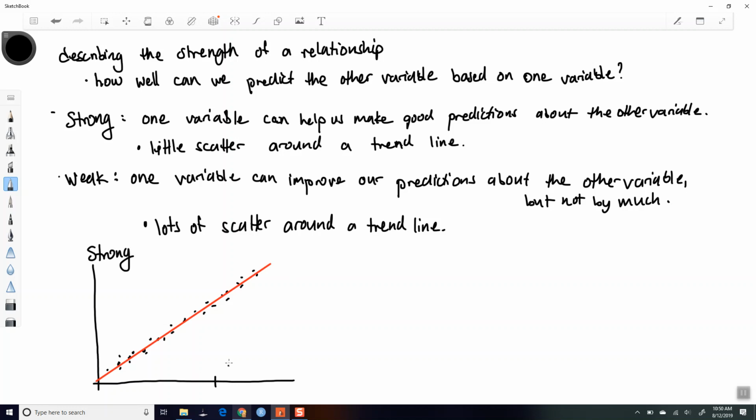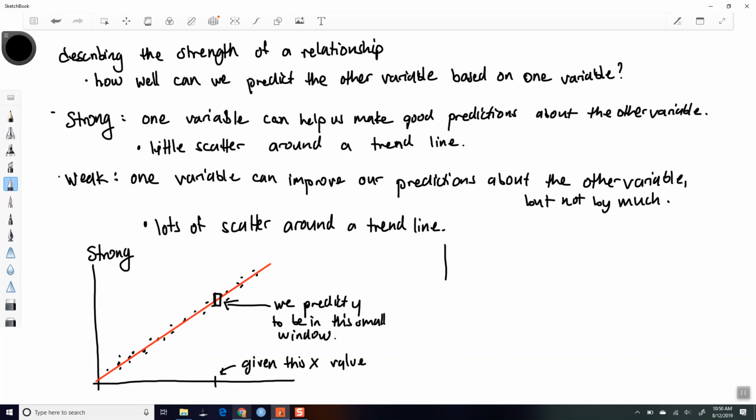The idea here is, if we're given this x value, we would come up here and all of our predictions would be inside this little window, right? We predict y to be in this small window. So we can make a pretty precise prediction for y given a particular value of x.